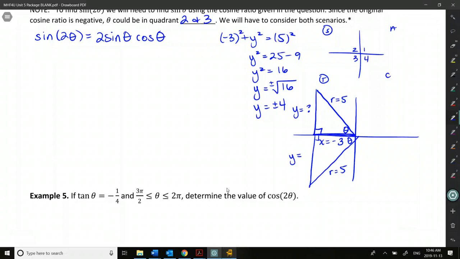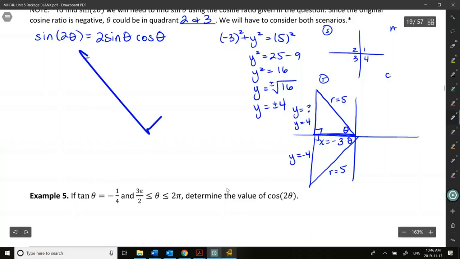So which one has the positive 4 and which one has the negative 4? Positive goes to sine, negative goes to tan. Yeah, so up here is positive 4 and down here is negative 4. I'm going to get the same y value, but in the top quadrant, if I go up on the y-axis, I have positive 4. And if I go down on the y-axis, I have negative 4.